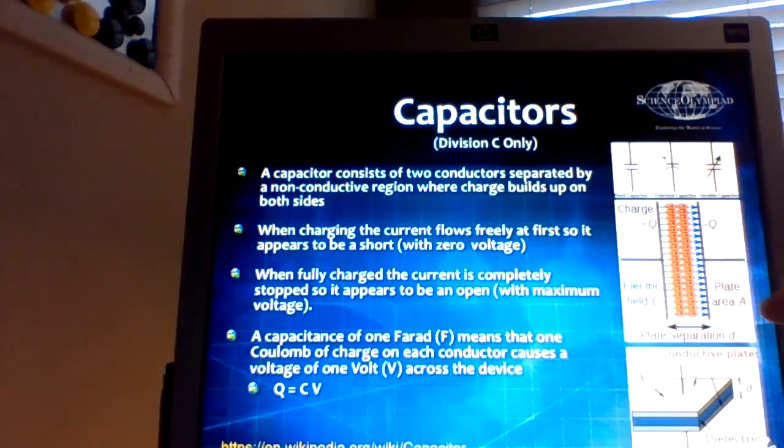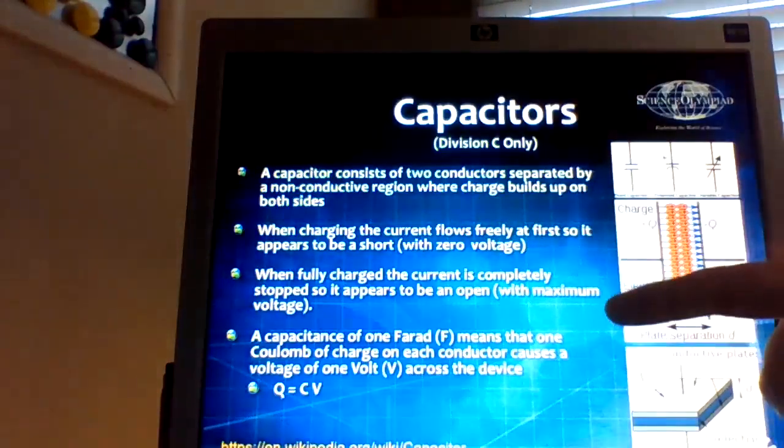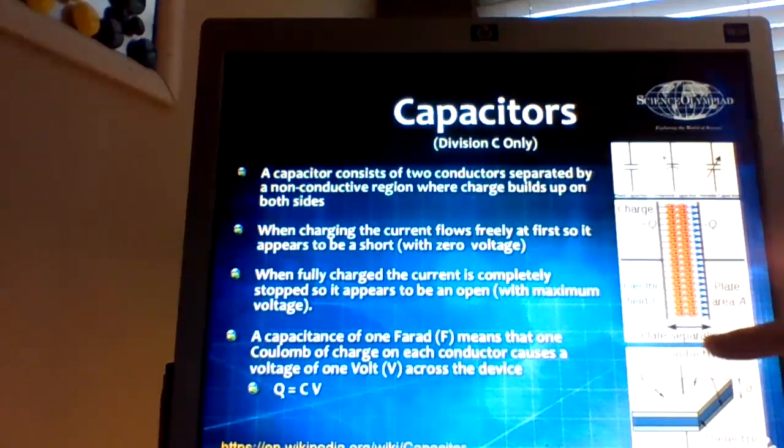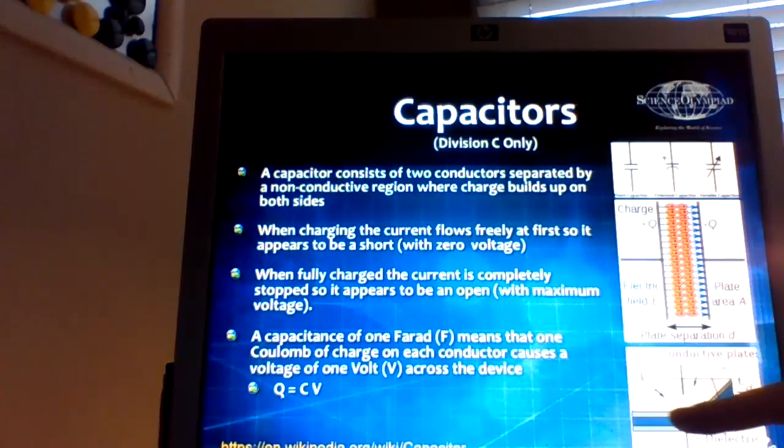So another thing that you can look at with a capacitor, okay, is that it's usually two different plates separated by a small distance d. D is always a lot smaller than the surface area of the two plates. So the thing I want you to keep in mind is that there's these two plates with some sort of dielectric in between.